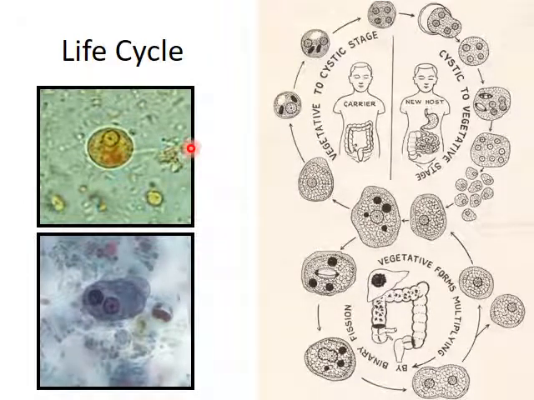Now we shall see how the life cycle of Entamoeba histolytica works. As you can see in the picture here, once the host gets infected with contaminated food or water that has been contaminated with the cyst of E. histolytica, and once the host ingests the cyst, this cyst then enters into the stomach, it bypasses the juices and eventually enters the small intestine.